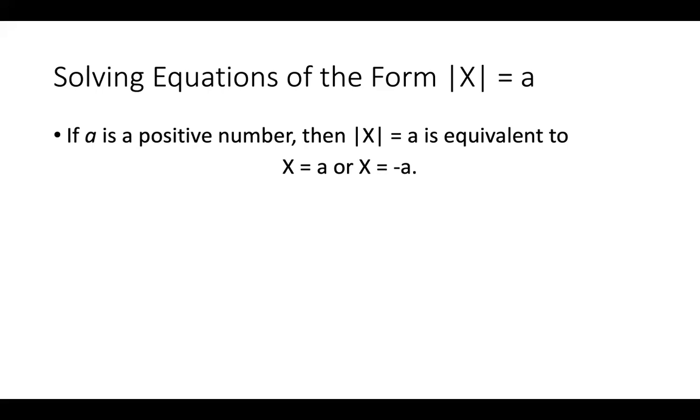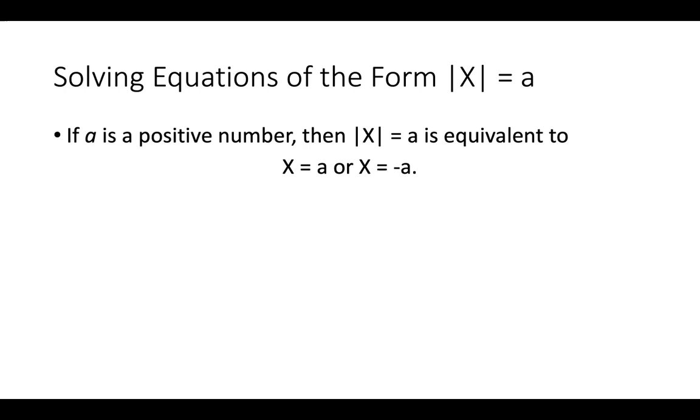If a is a positive number, all right, and that's very important, if a is a positive number, then the absolute value of X equals a is equivalent to, we could call this a compound equation, X equals a or X equals negative a, all right? So what you're going to do whenever that number on the right-hand side is positive is you're going to make this into two equations without the absolute value.